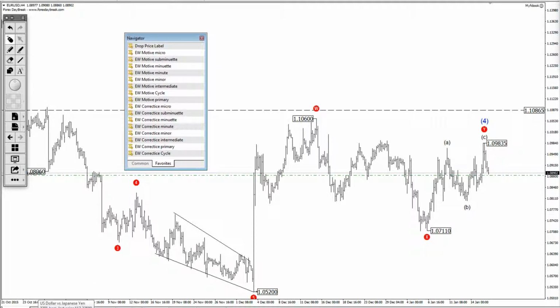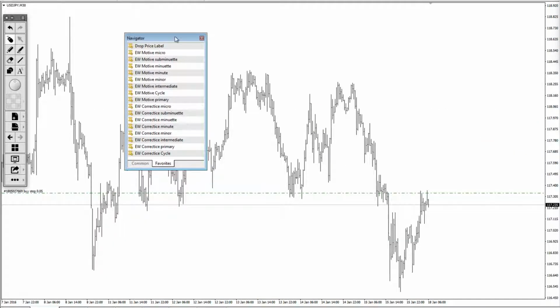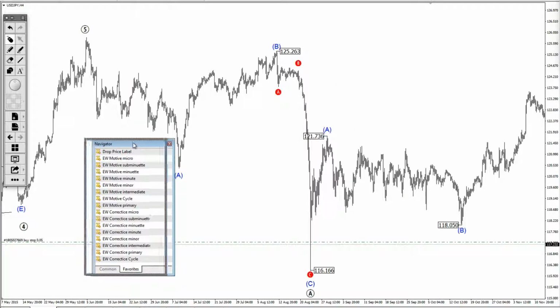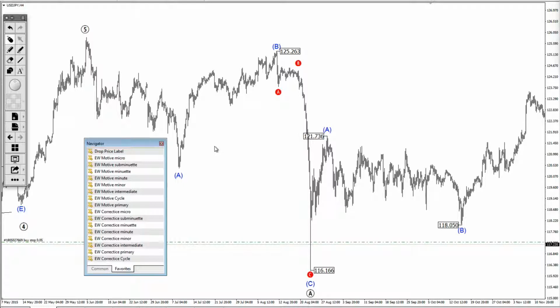Okay, let's go ahead and do the same with dollar yen. All right, here we can see the existing labeling, which is quite incomplete. There's no labeling after the B low of this B leg of the larger triangle. So let's go ahead and try to figure this out.